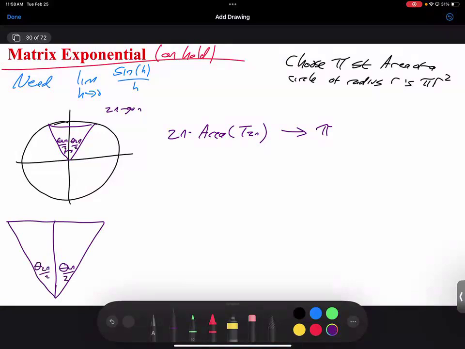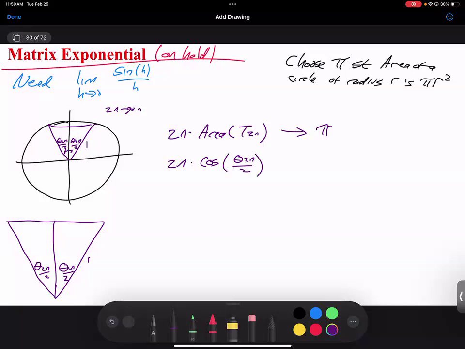So what is the base? What's the height? Cosine of theta 2n over 2. We're assuming the unit circle. So what does the cosine of theta 2n over 2 represent?